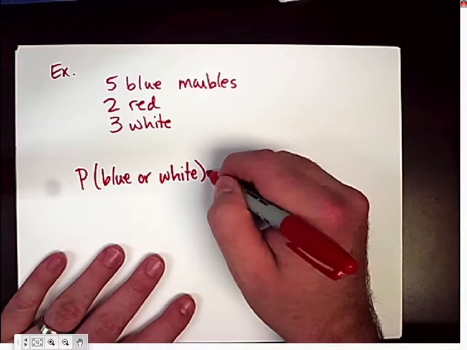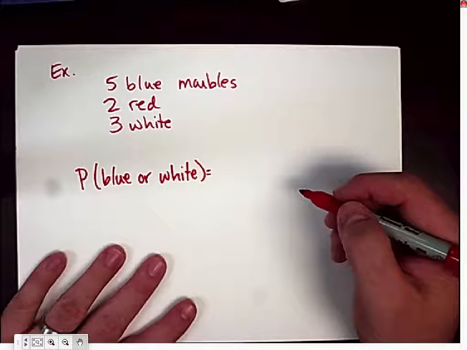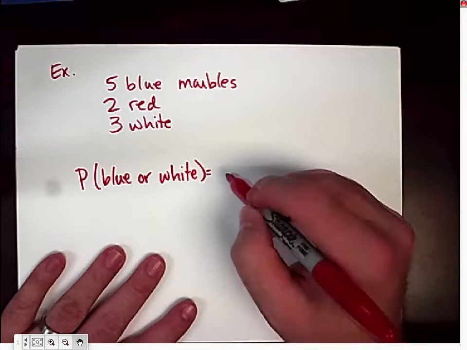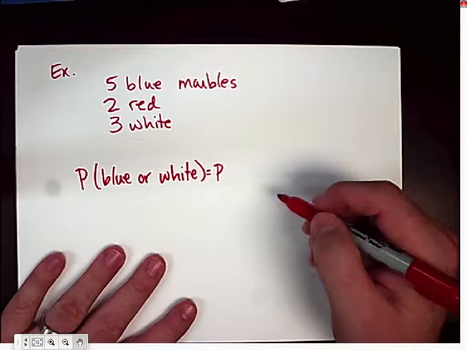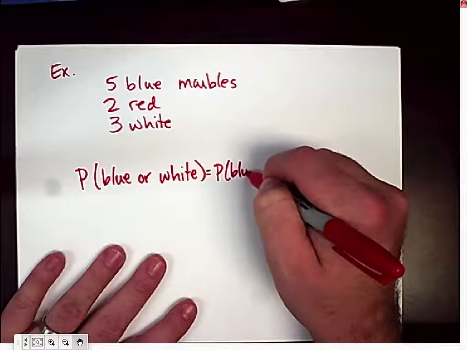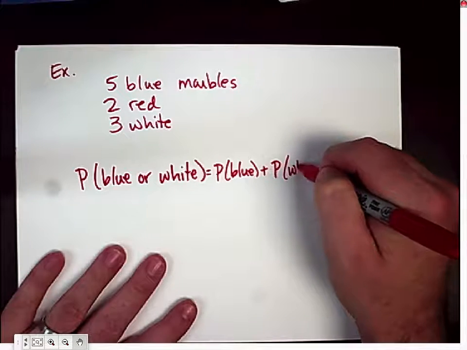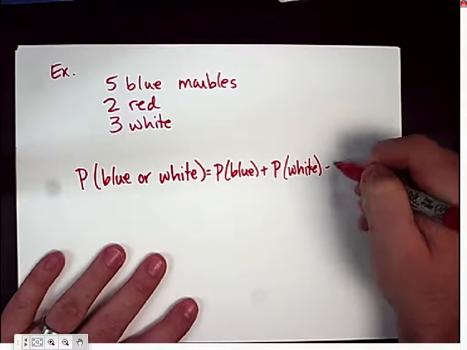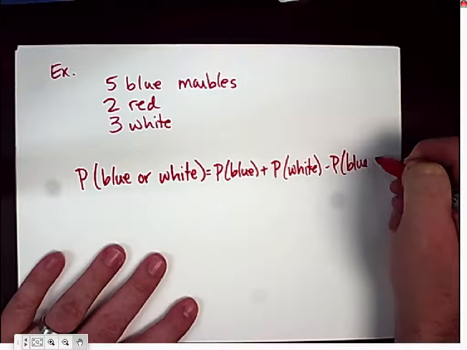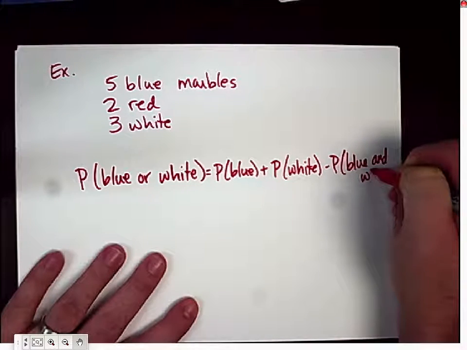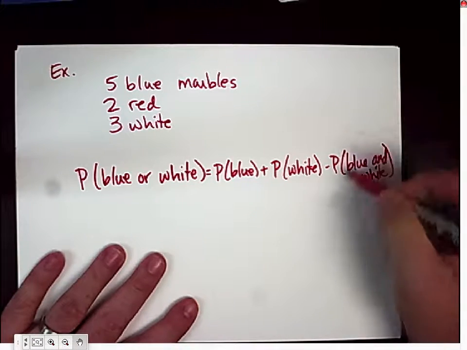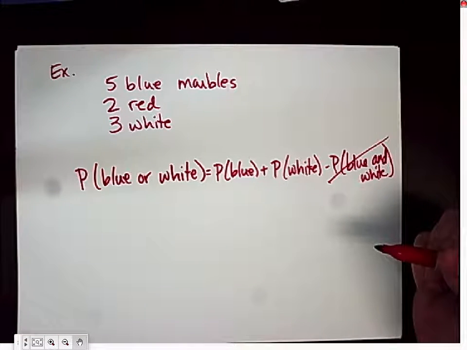Okay, so in words, what goes in the formula? So it's the probability that what? Is blue plus the probability of what? That it's white minus the probability that it's blue and white. Well, what's going to happen? Can't be blue and white. So that's 0. Okay?